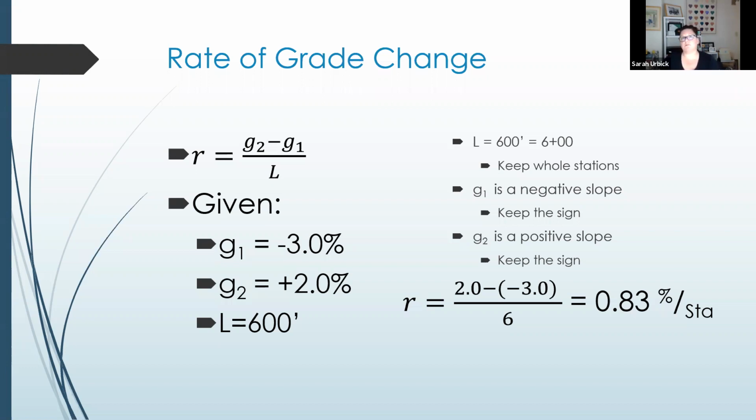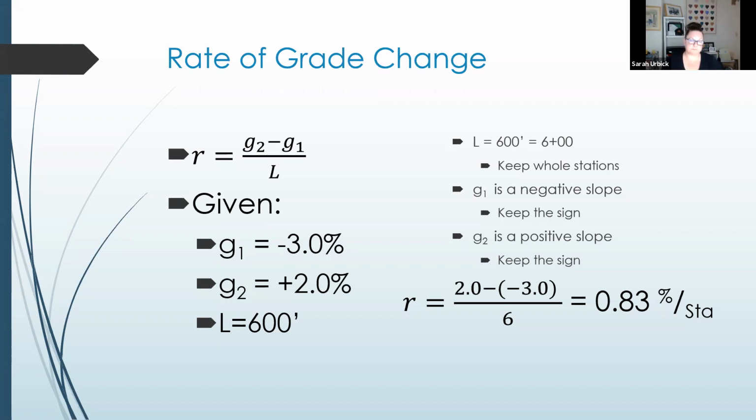So we get 0.83% because our top values of grades are percentages. Our unit of measure of our distance is stations. So we get 0.83% per station. We're at 600 feet, but 6 stations distance.